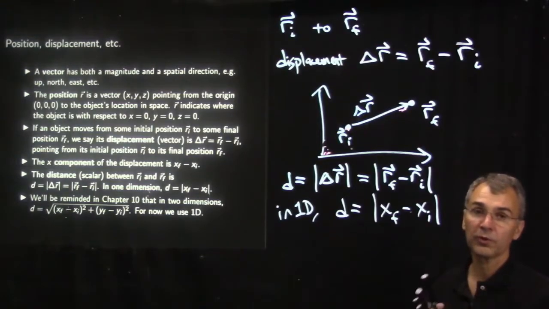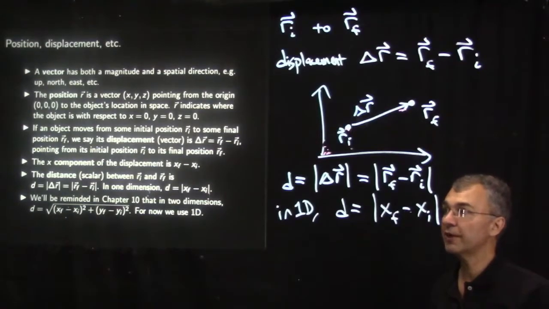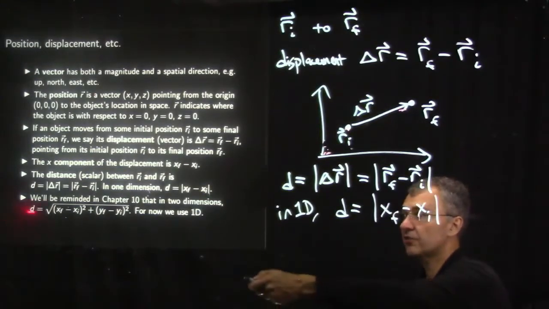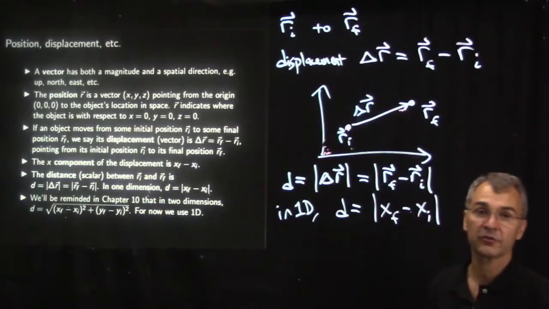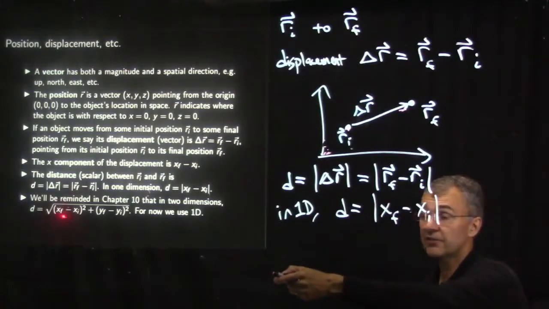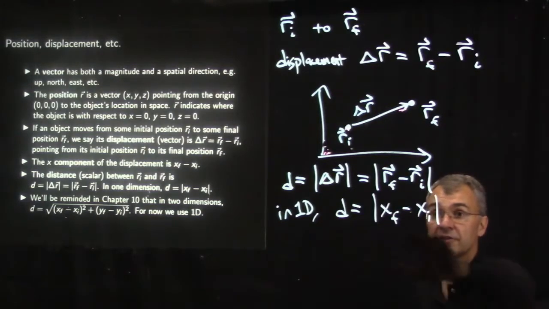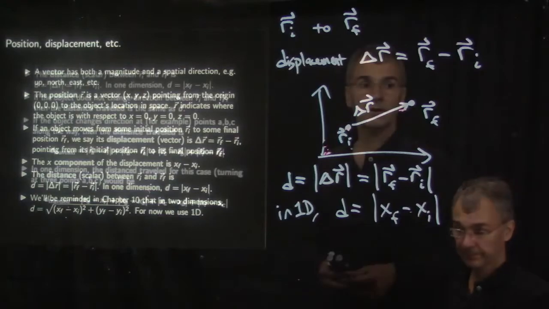When we get to motion in a plane in chapter 10, in 2 dimensions the distance is the square root of delta x squared plus delta y squared. And if you wanted to generalize to 3 dimensions, you could say delta x squared plus delta y squared plus delta z squared.